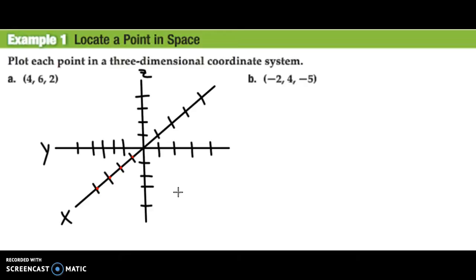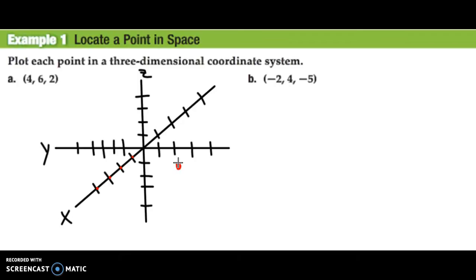And then finally, I need to go up 2. So then I move up 1, 2. There is my point right there. Okay? So just as a review, I first went forward 4, then I went to the right 6, including the 4 that I went forward, and then I went up 2 to end at this point right here.